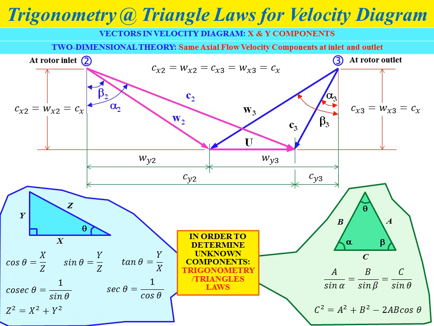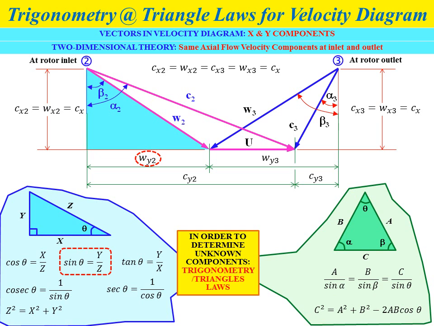For example, let's say we want to know the value of the y direction component of W2, which is Wy2. We can use the triangle represented by the blue triangle.